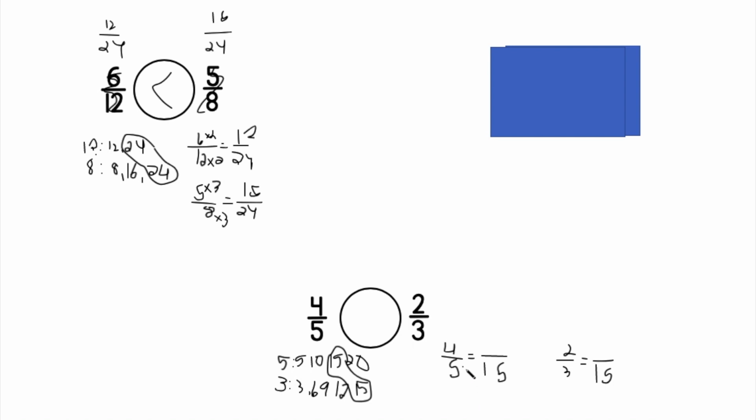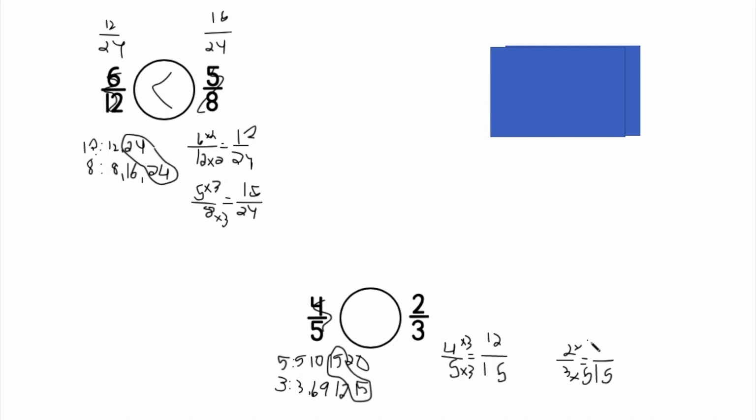Now that we've set up our problem, let's think: 5 times what equals 15? 5 times 3. So 4 times 3 equals 12. Now we're going to think of 4/5 as actually 12/15. And then we're going to change 2/3 into something over 15. 3 times what equals 15? 3 times 5.